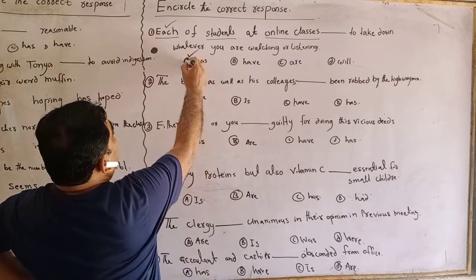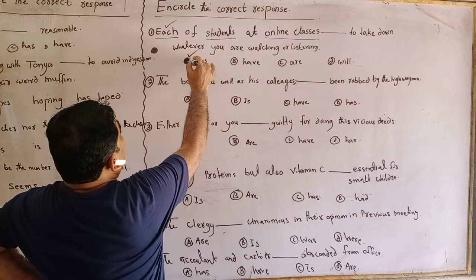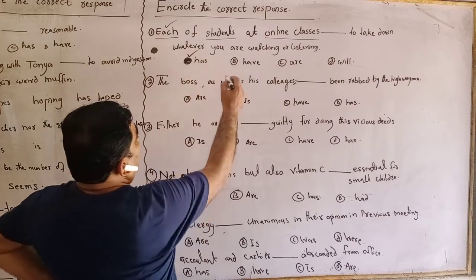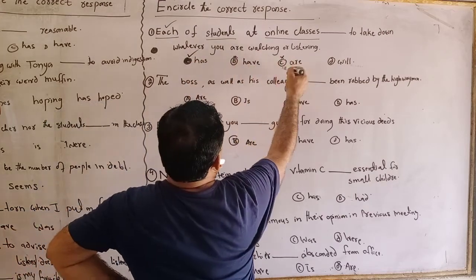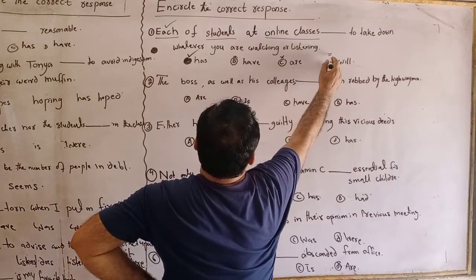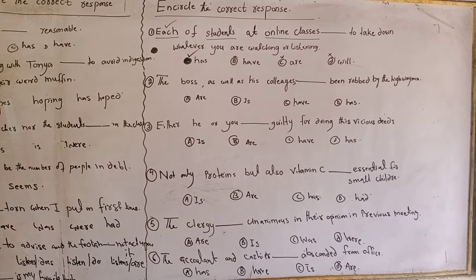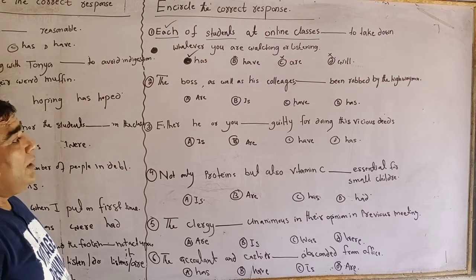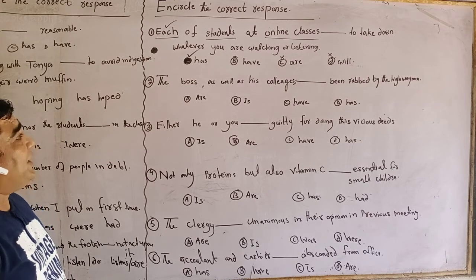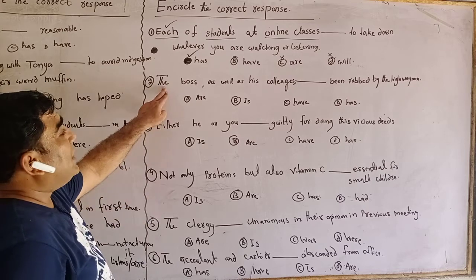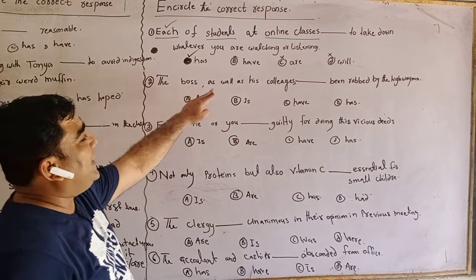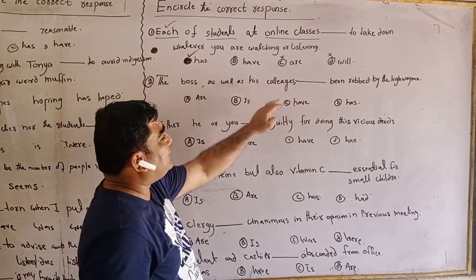So this option would be accurate. Have is incorrect, and will is not used with to. These are wrong answers.